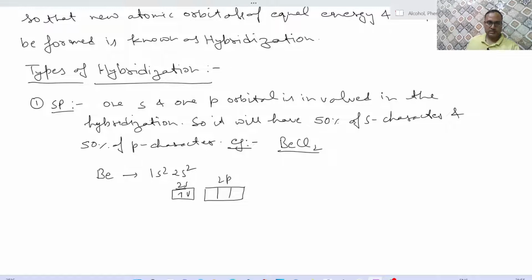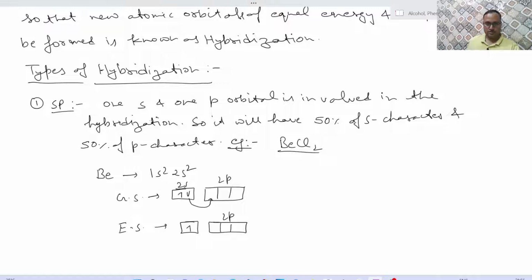So what happens in the excited state, when this atom is approached by the chlorine atom, one of the electrons from the 2s jumps to the 2p orbital. In the excited state, one electron will be present in the 2s orbital and one moves to the 2p orbital.